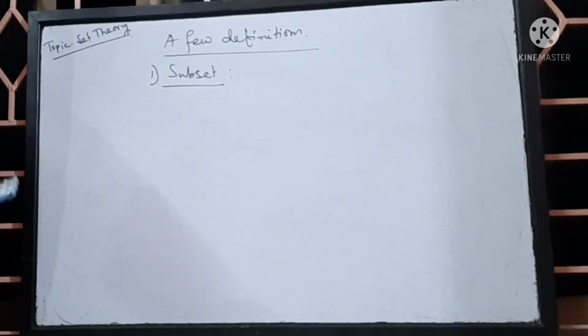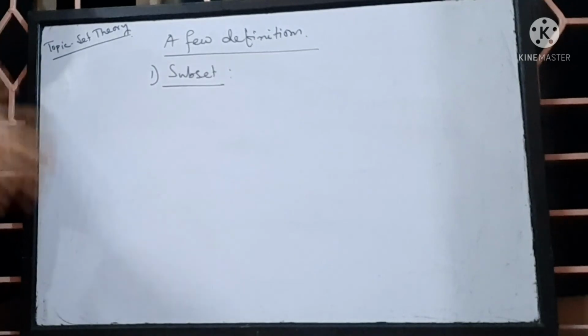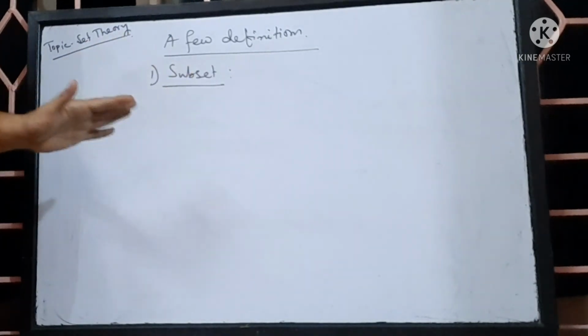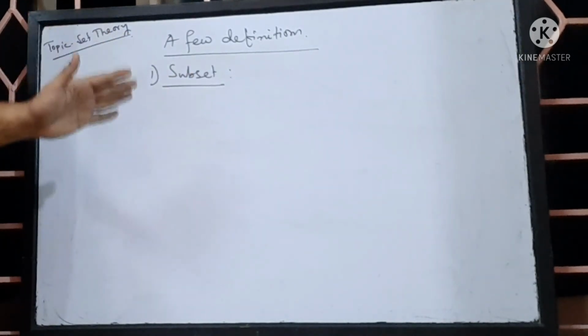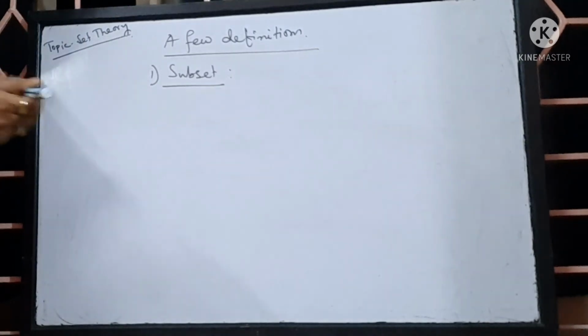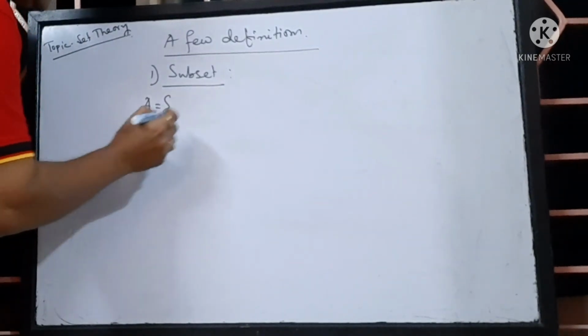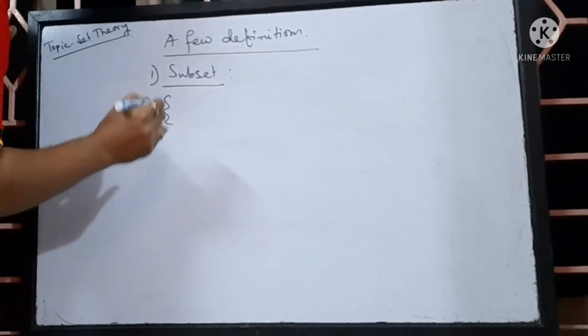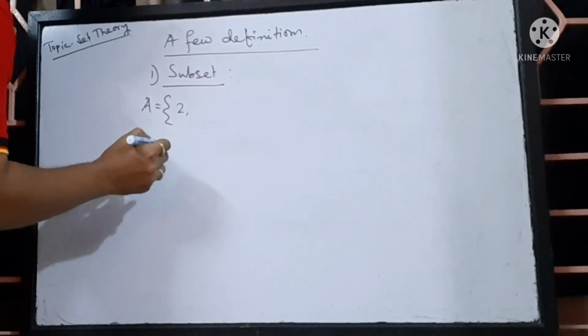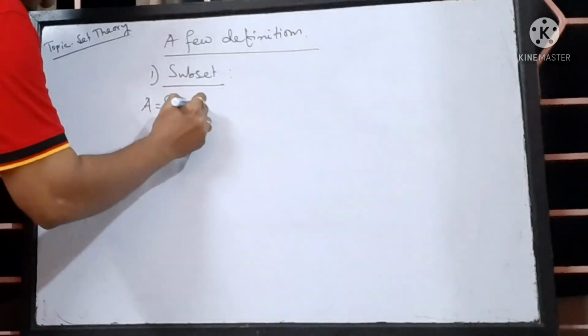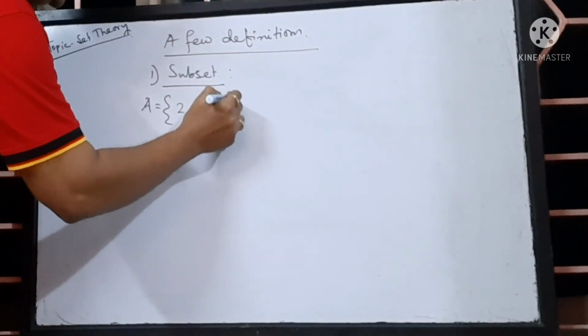Now move on to some definitions in set theory. The first one is subset. Very interesting. Look, I am taking a set A, the even numbers of 1 digit: 2, 4, 6, 8.